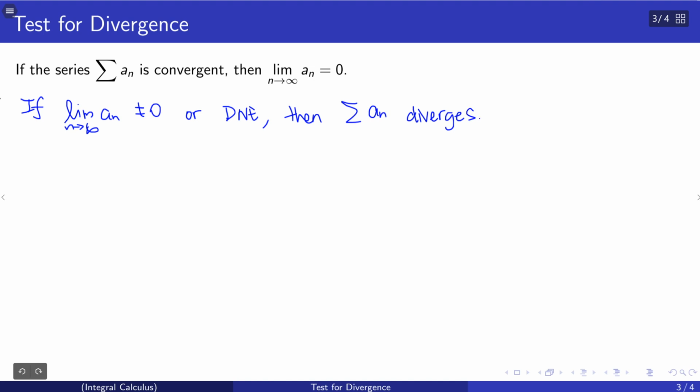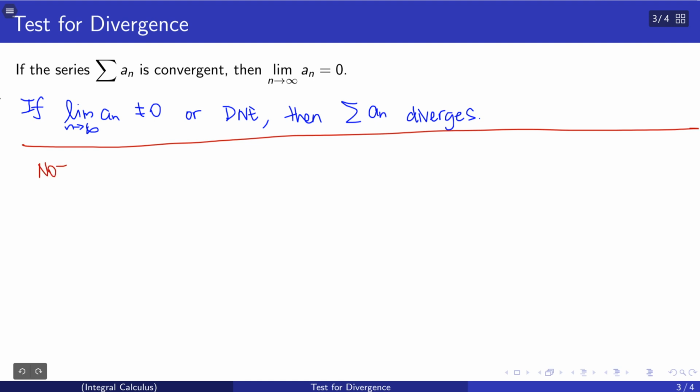Okay. And it bears emphasizing here, we cannot use this to conclude that a series converges.